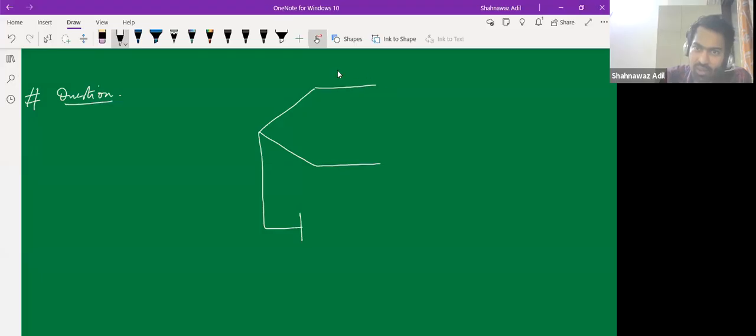And then we have this negative terminal, which is connected to this one. This is connected to the negative one, right? So this will acquire a positive charge, right? This will acquire positive charge.